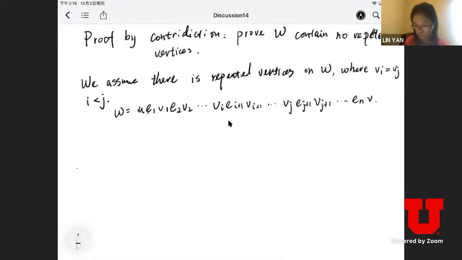If we have vi equal to vj, then we can remove this part. We can remove the walk from vi to vj.